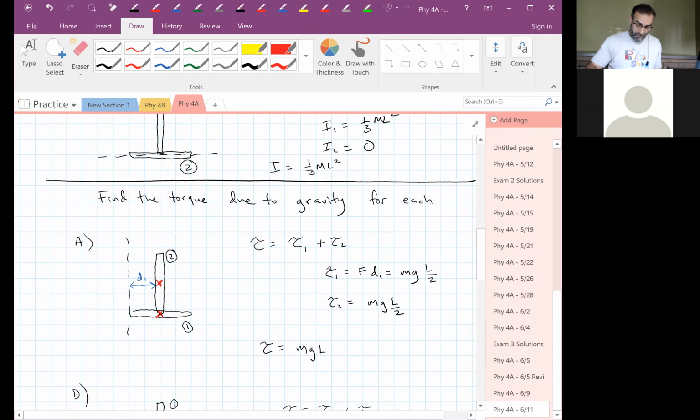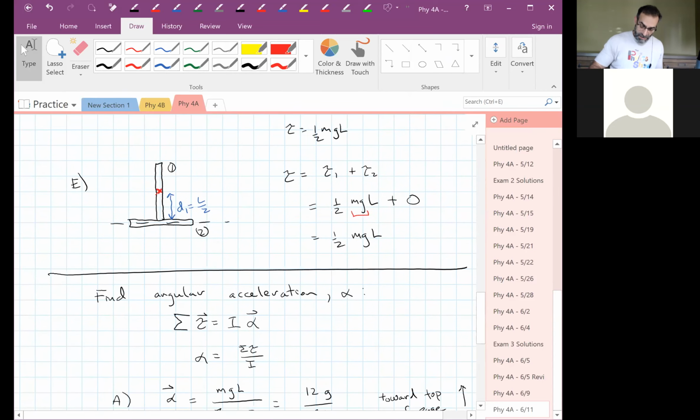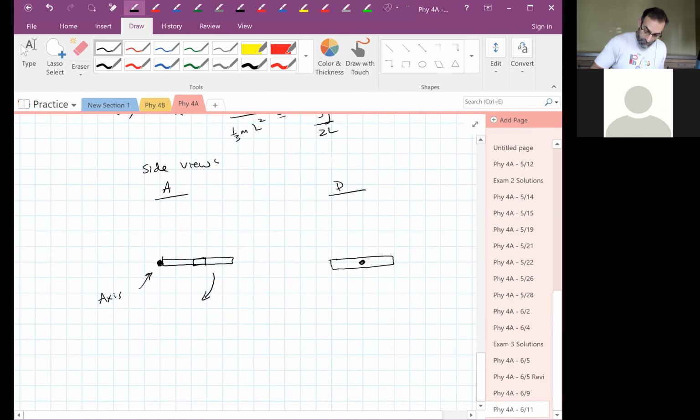If we're looking, where's D? D. If we're looking down the axis of rotation from this side, then the extra weight is over here, right? It has an extra part on this side. So how is this going to rotate?